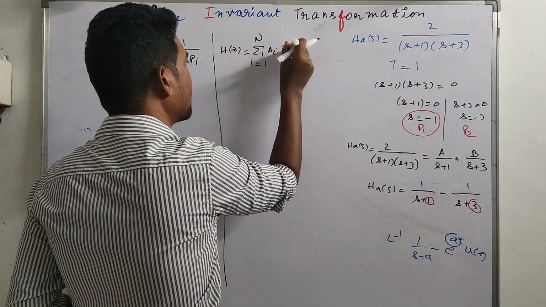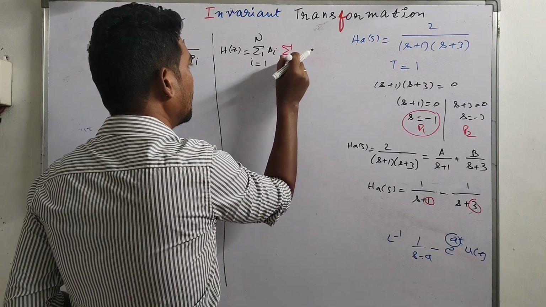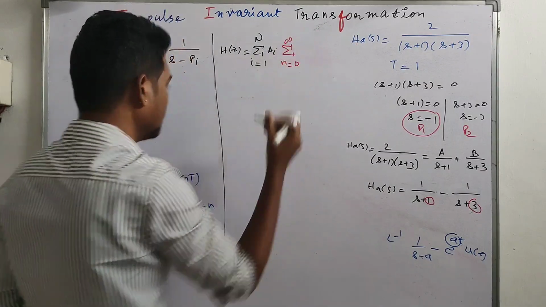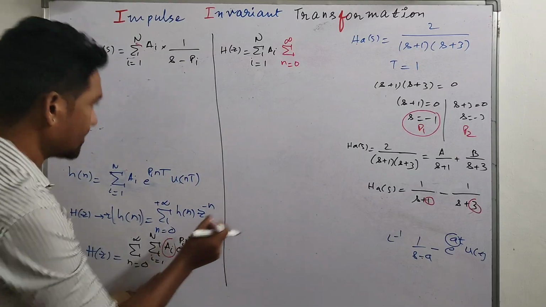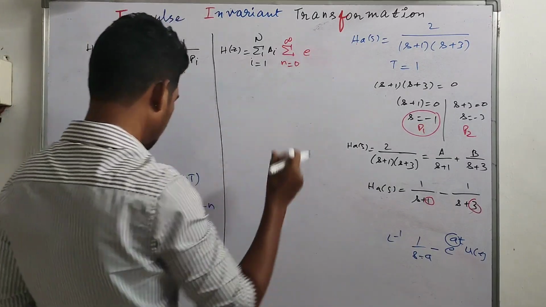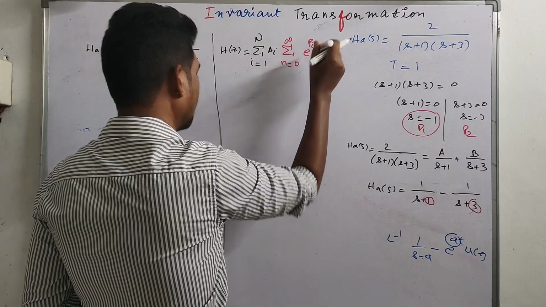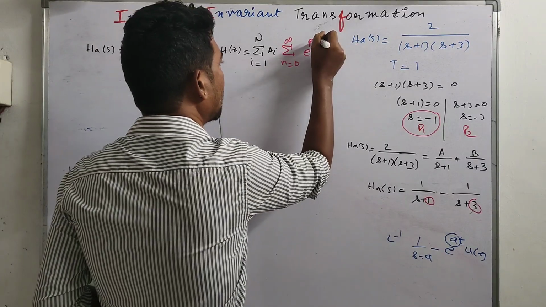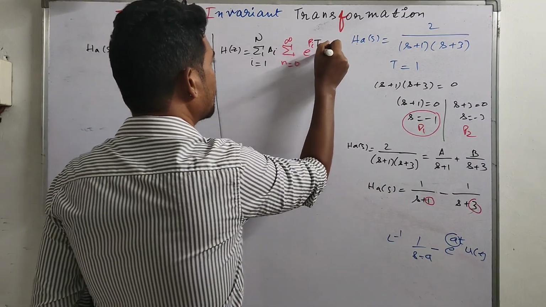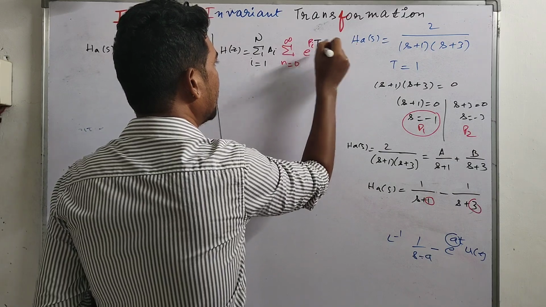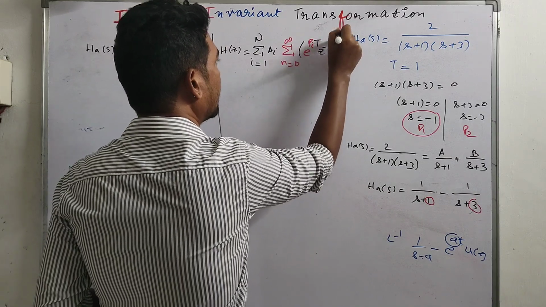Interchanging the summation, n equal to 0 to infinity, this came out, this is e raised to p_i into T, into z raised to minus 1, whole power n.